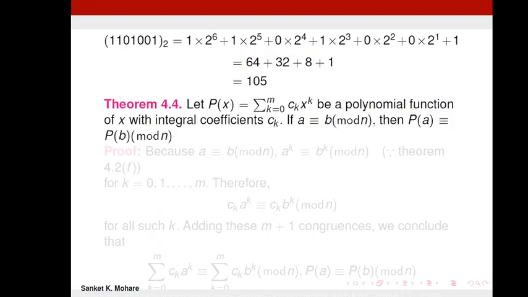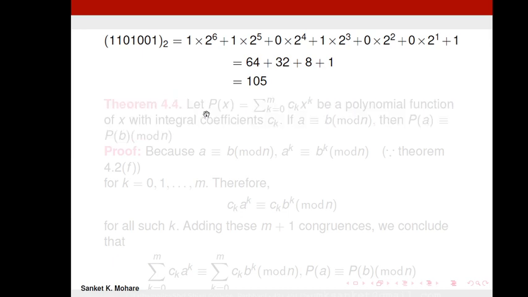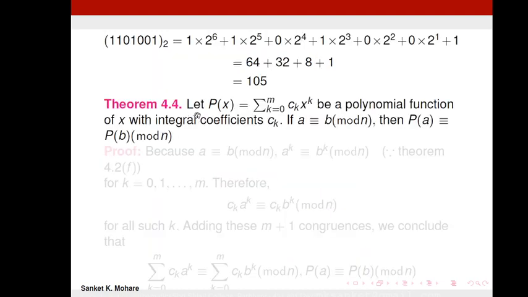Now let's have a theorem. Here they represent this in polynomial form. So let's have theorem 4.4. Let p of x equal summation k equals 0 to m of ck x to the power k be a polynomial function of x with integral coefficients ck.